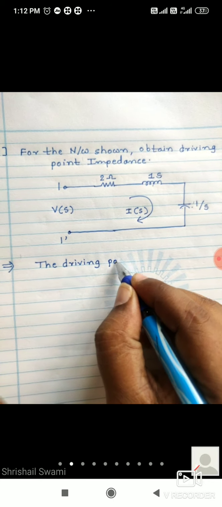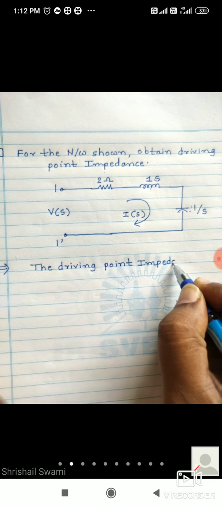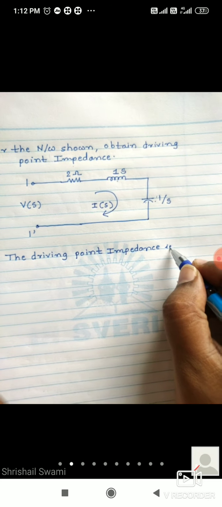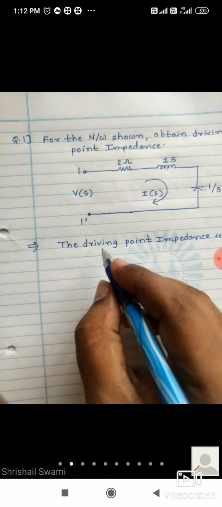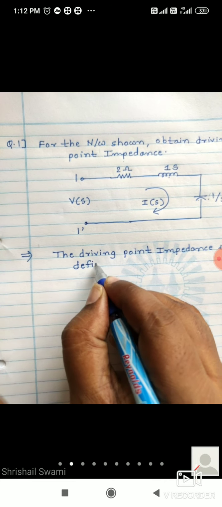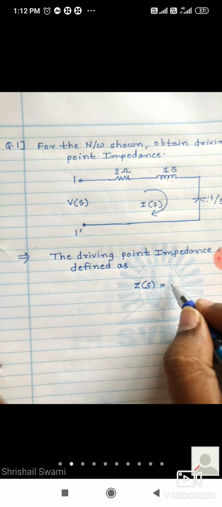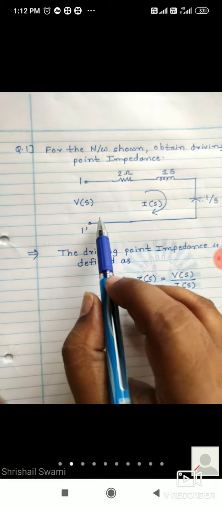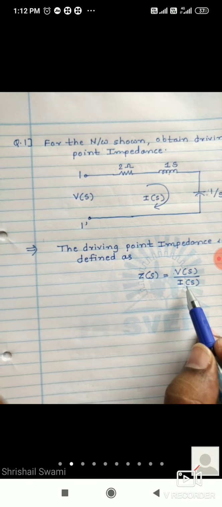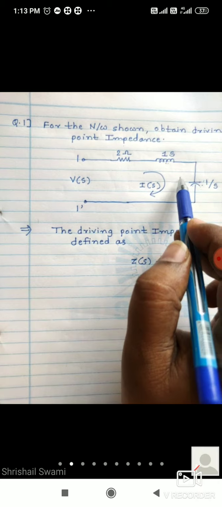The driving point impedance, that is Z of S, is defined as Z of S is equal to V of S divided by I of S. So apply KVL, V of S, I of S, applying KVL is fine, or what will these three be in the Laplace domain? So as all three are connected in what? Series.